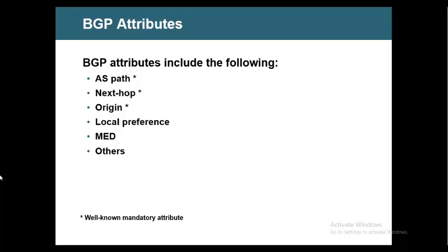Anywhere you sniff a packet and see BGP's update packet, you will always see this AS path. Next hop is also another example of well-known and mandatory, always seen. Origin is also always seen.